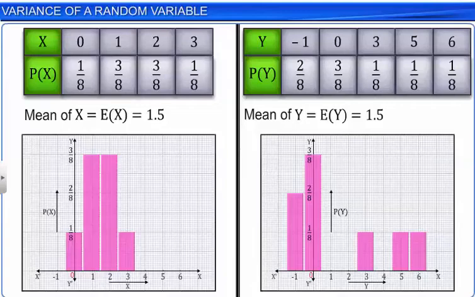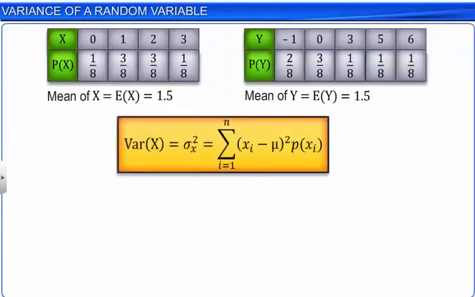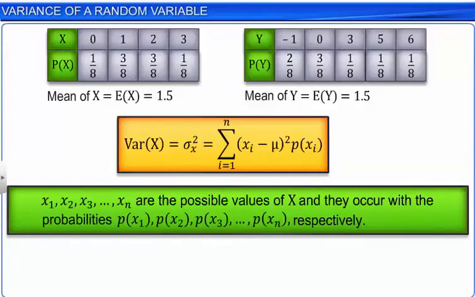probability distribution. In a probability distribution of random variable x, the variance of x is given by the formula sigma x squared, which is equal to the summation of xi minus mu whole squared multiplied by p of xi, where i is running from 1 to n, and x1, x2, x3, and so on till xn are the possible values of x, and they occur with the probabilities p of x1, p of x2, p of x3, and so on till p of xn respectively.